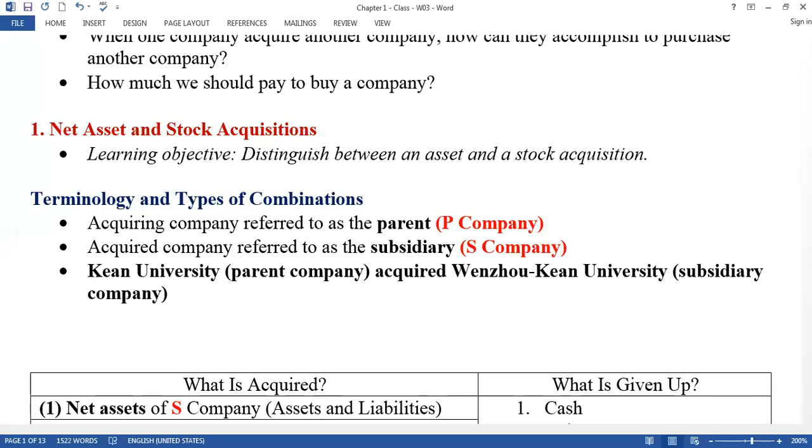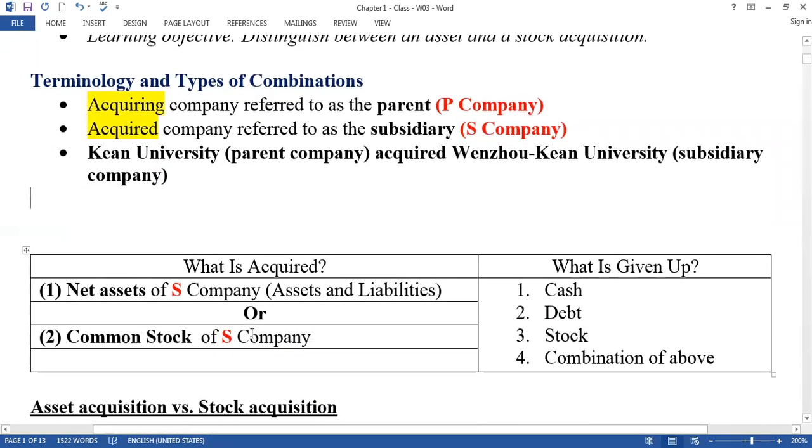So the acquiring company is referred to as the parent company, like Kane University, and the acquired company is referred to as the subsidiary company, like Onjo Kane University. I believe you understand who is the parent and who is the subsidiary, and what is the meaning of the terms acquiring and acquired.